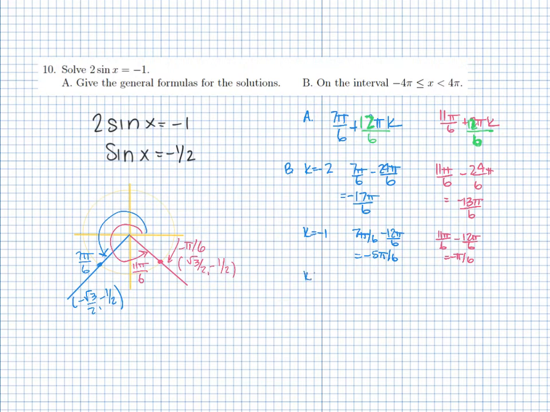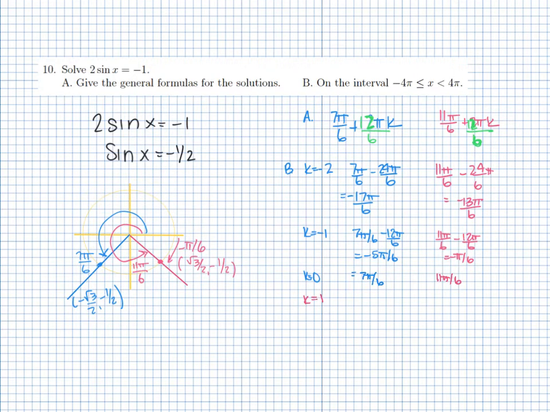When we let k equal 0, we just get the ones that we found initially over here. So we get 7π/6 and we get 11π/6.